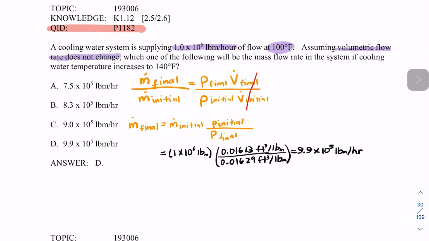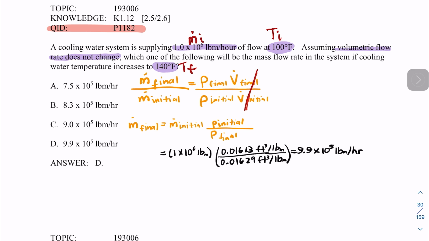Which of the following will be the mass flow rate in the system if cooling water temperature increases to 140? So there's a change here. So this is what we have. We have the initial mass flow rate here that is given. We have the temperature initial and we have temperature final. And it says that the volumetric flow rate doesn't change, so we just cancel out the flow rate in here, right?